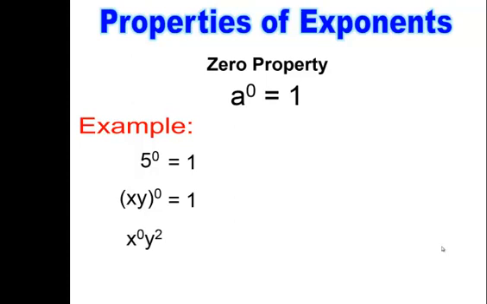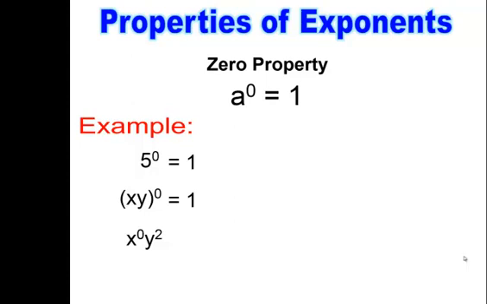You have to be careful, because when a 0 exponent is mixed into a multiplication problem, the only part that equals 1 is the base that has the 0 power.